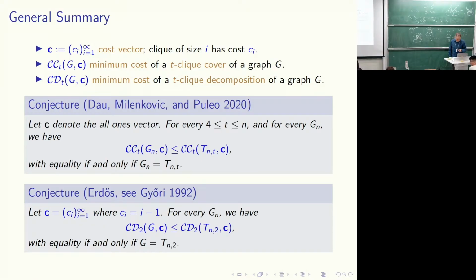If we compare the general problem with the Erdős–Győri problems, then the difference is that in the first conjecture the weight functions were all 1, and in the decomposition problem into cliques, here the 2 means that it's just the original Erdős problem. We already have the weights.